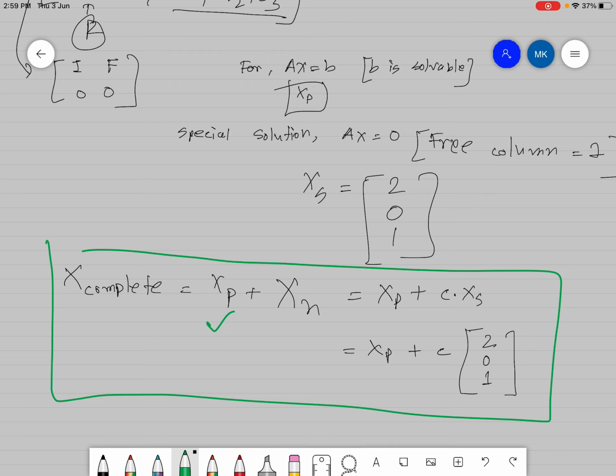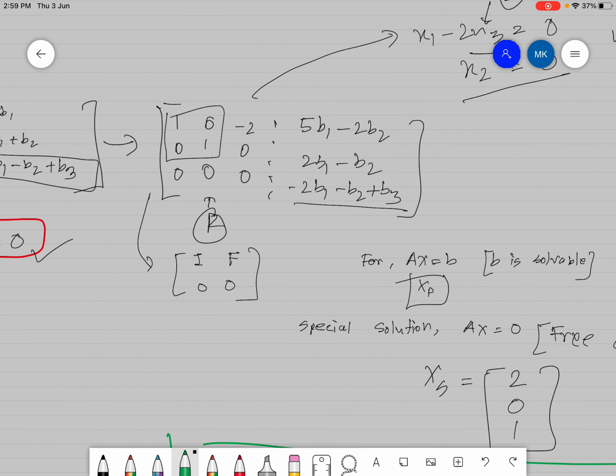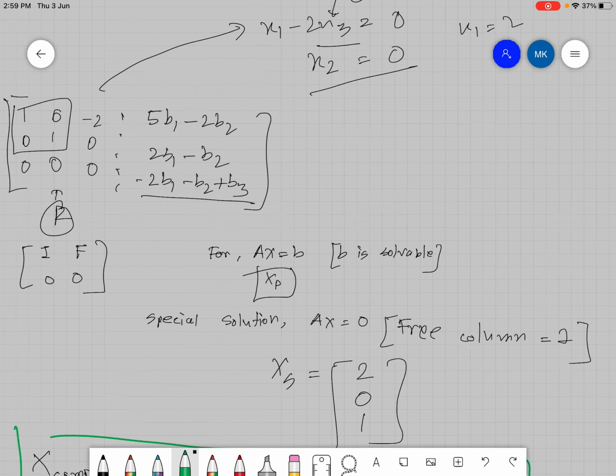Okay, I think this is the way to solve it, but okay, can we get a solvability condition from here?